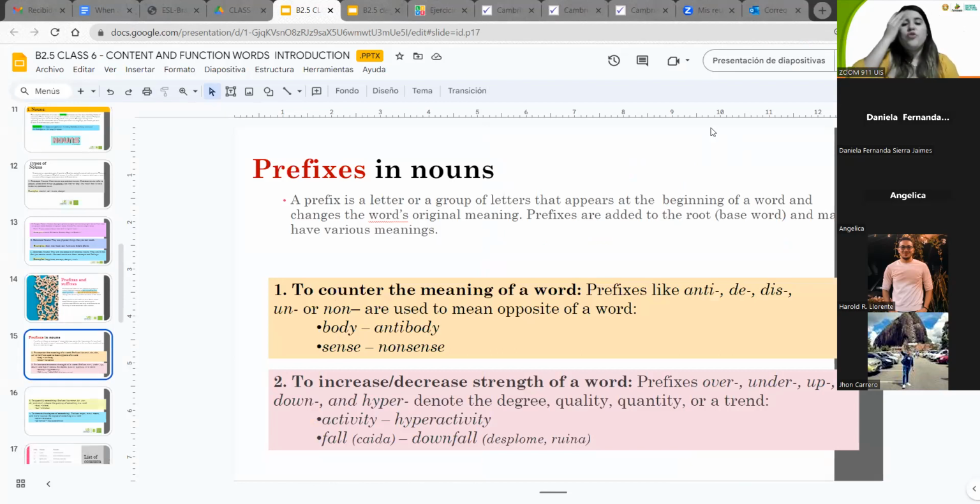Okay, so what is a prefix? A prefix is a letter or group of letters that appears at the beginning of a word and changes the word's original meaning. Prefixes are added to the root, that means the base form, and may have various meanings.